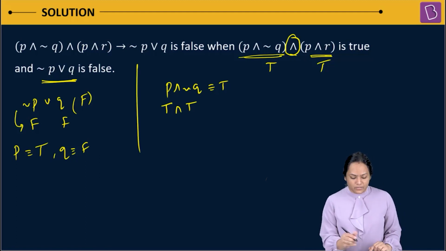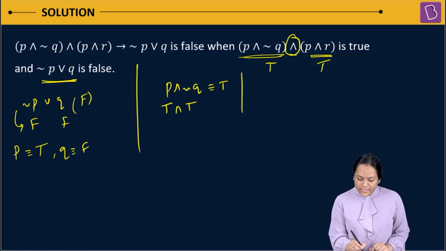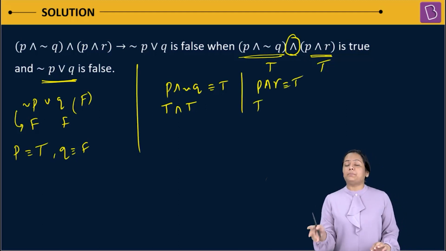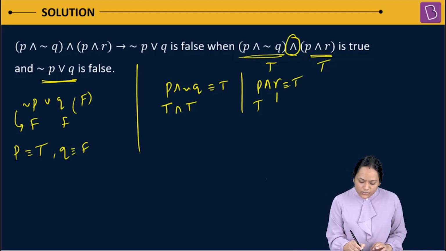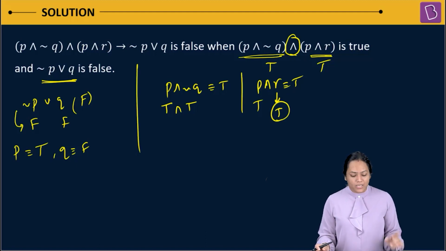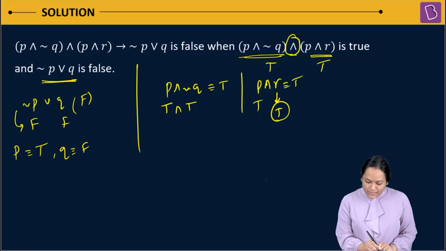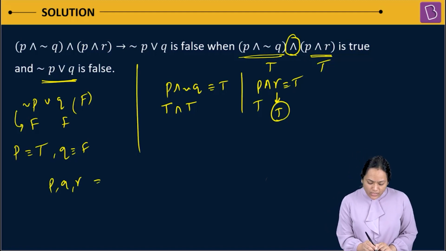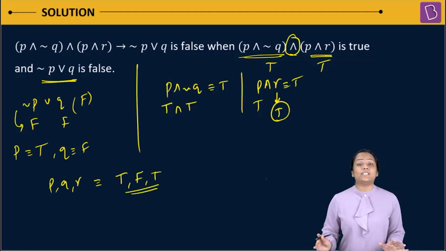So this is correct. Now I have P and R, and this has to be true. P is true, so this happens only when R is also true. This is the only case which is possible. So the truth values of P, Q and R are going to be T, F and T respectively.